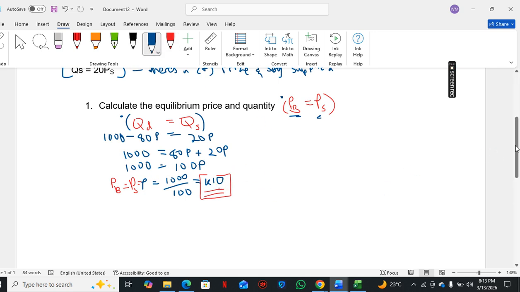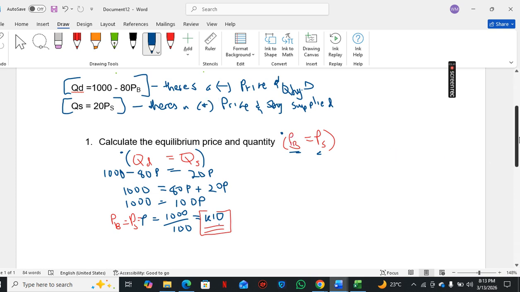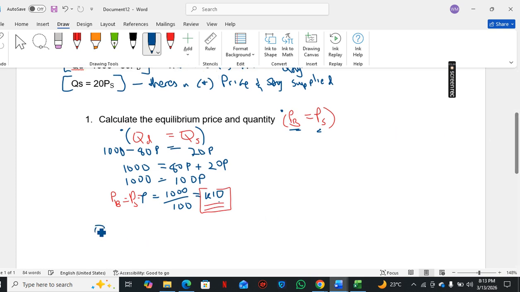Substitute this 10 into the supply or demand function. So if I substitute it into the demand function, QD equals 1000 minus 80, substituting PB with 10. 80 times 10 is 800. 1000 minus 800, you're going to get 200.